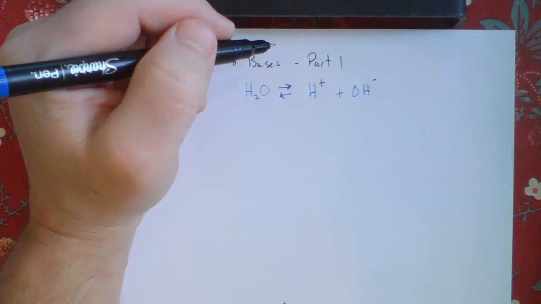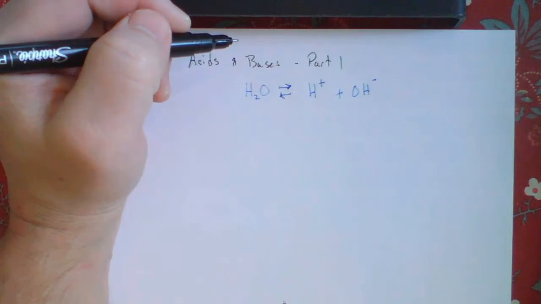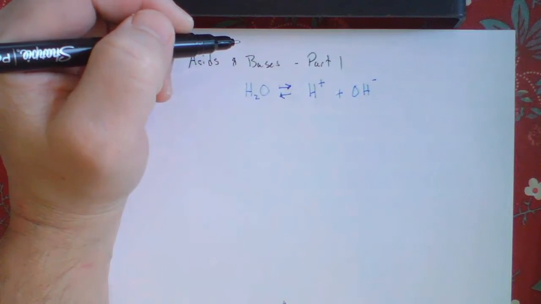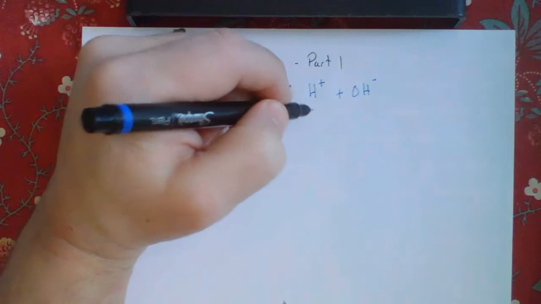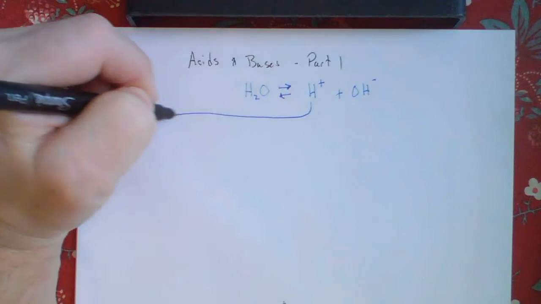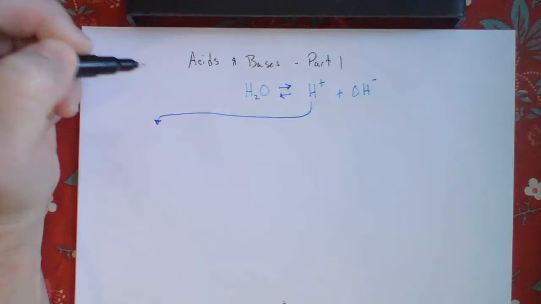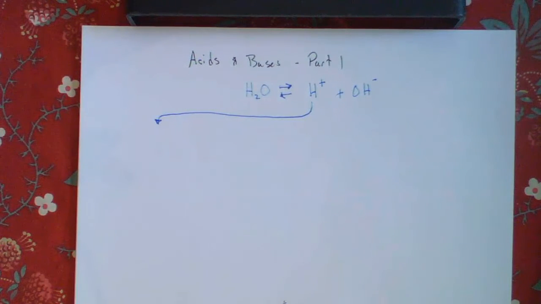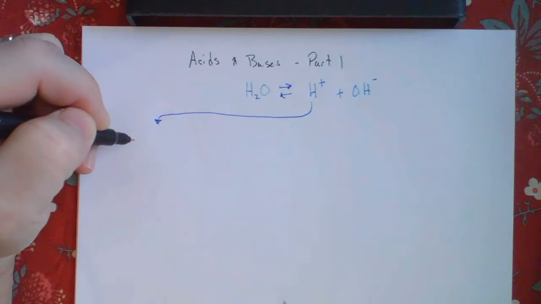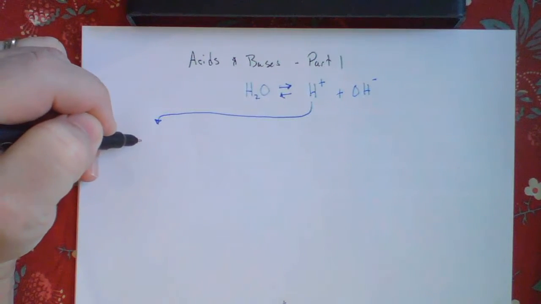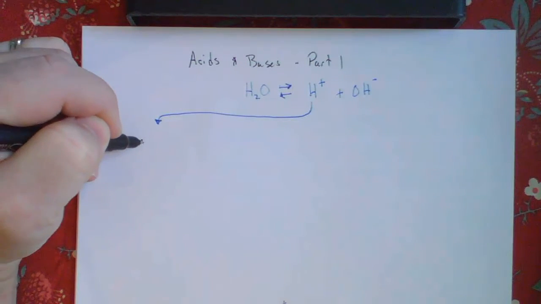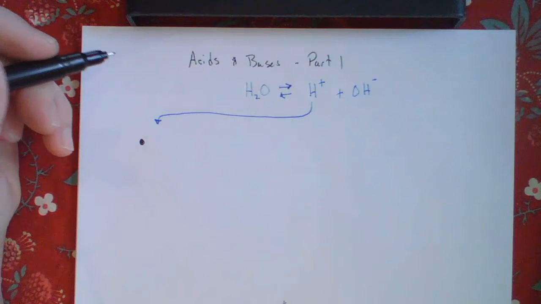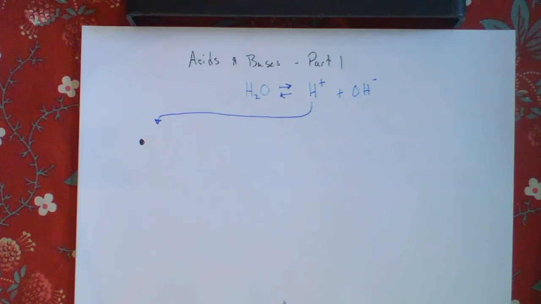These are the two ions that represent whether something is going to be an acid or a base. So we look at the hydrogen ion and ask, what are the characteristics of that hydrogen ion? If we had an atom of hydrogen, we'd have our nucleus, which would have one proton, and then our one electron.